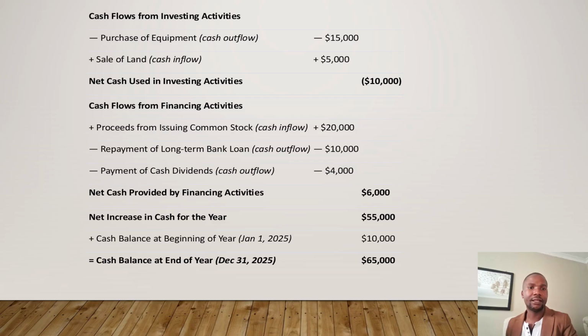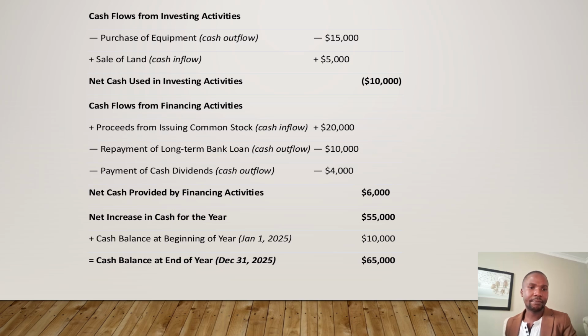And then we go to financing activities. Under financing activities, we have proceeds from issuing of common stock. So we have issued some common stock whereby people are subscribing to the shares of our business by giving us cash, 20,000. So that is a cash inflow. That's why we have a plus there.